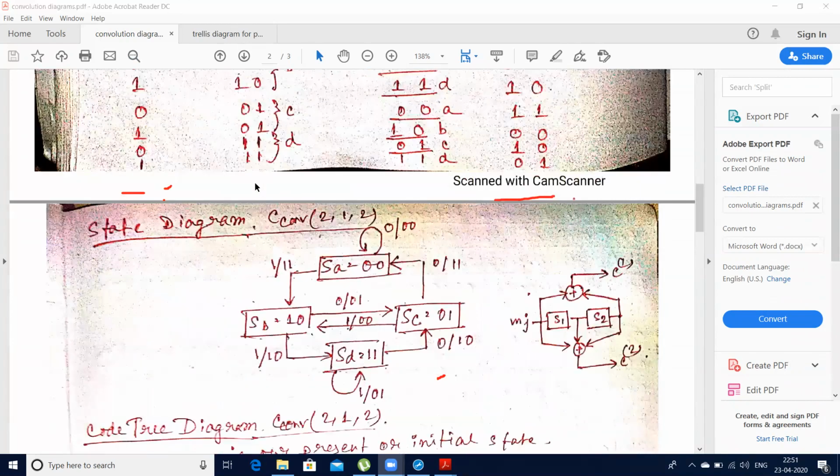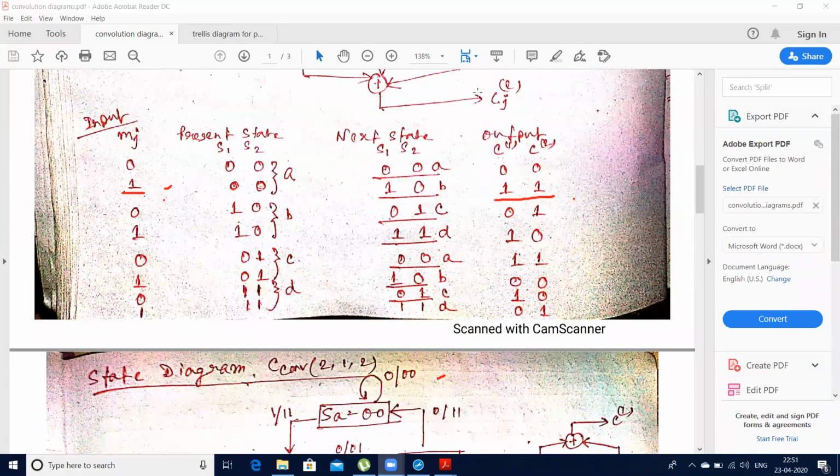As I told you in the previous lecture, the possible transition from A is to A when the input is 0, and A to B when the input is 1.